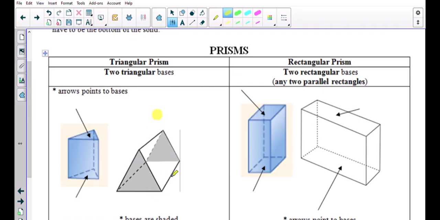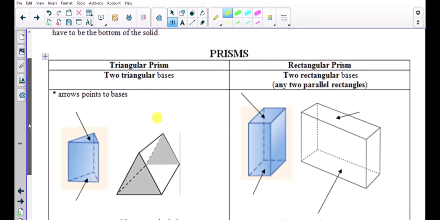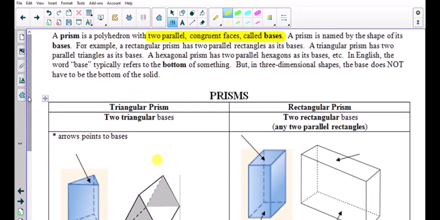This one's a triangular prism, but the bottom of it's not actually a triangle, but it's still a triangular prism. It just depends on how we have it oriented or how we have it sitting. In this case, it's still a triangular prism. You have 2 parallel bases that are shaded here that are triangles. It does not have to be sitting on the base. That's really important for us, okay?